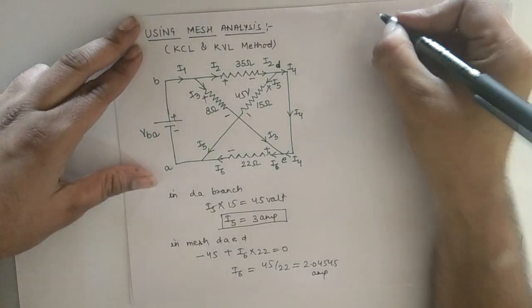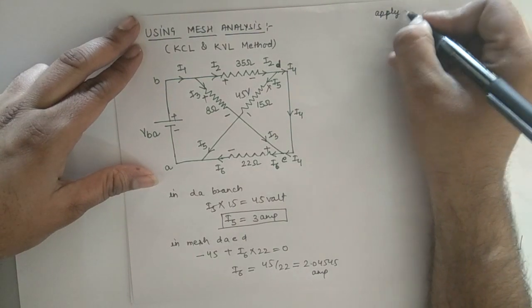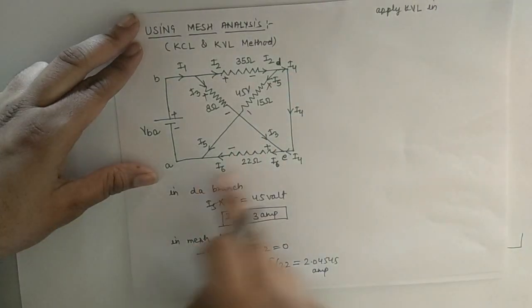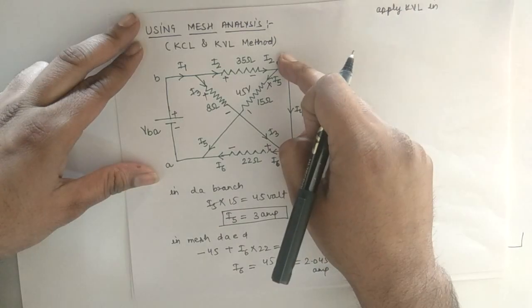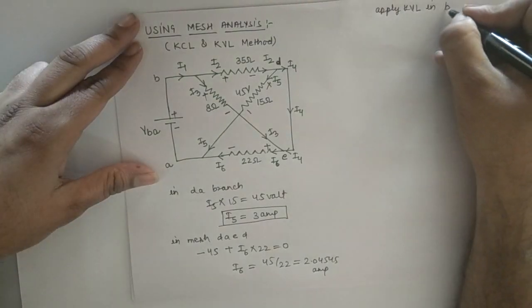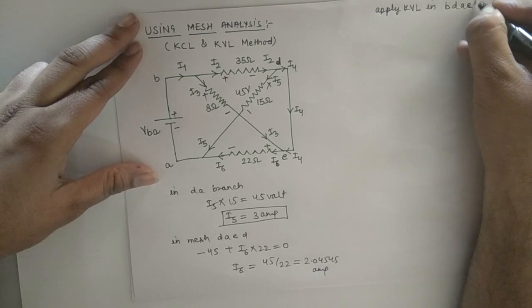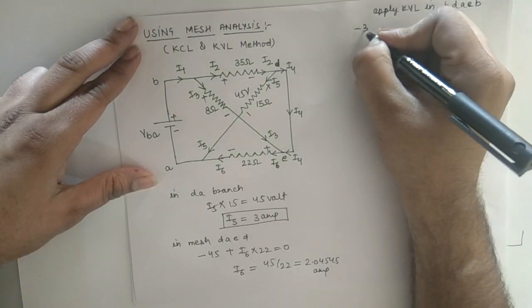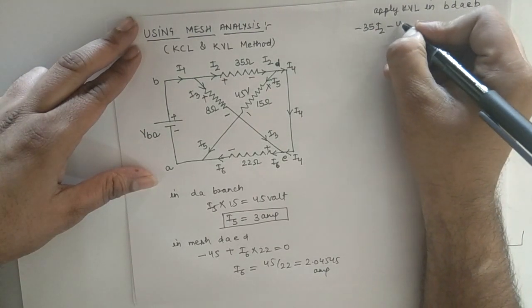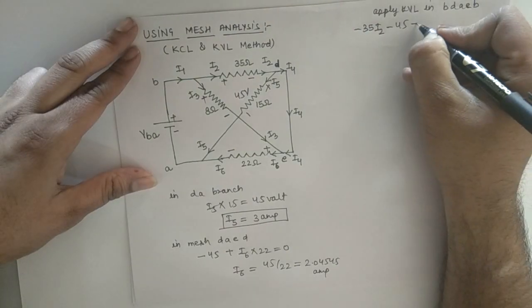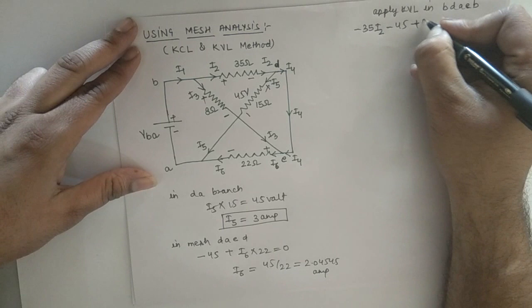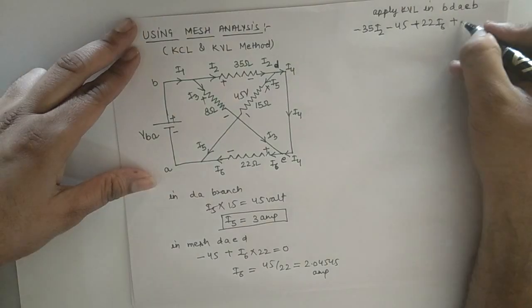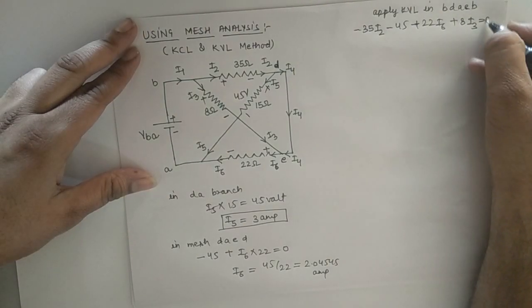Now apply KVL in BDAEB. Start from B, minus of 35 I2 minus 45 plus 22 I6 plus 8 I3 is equal to 0.